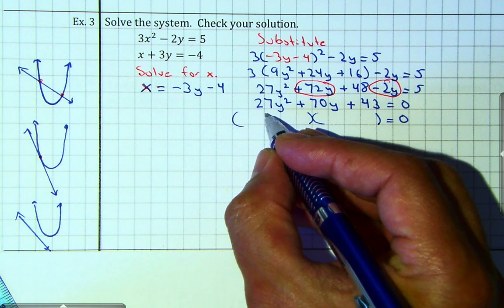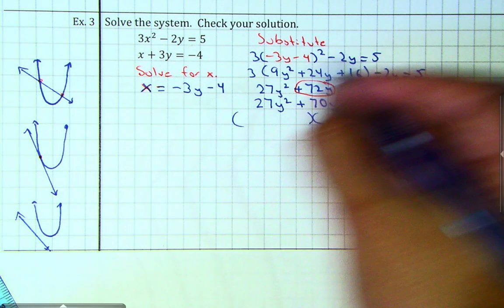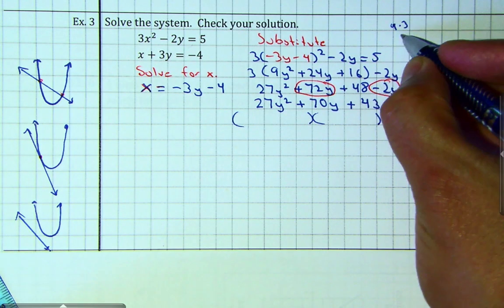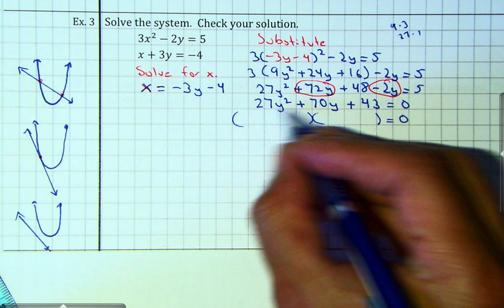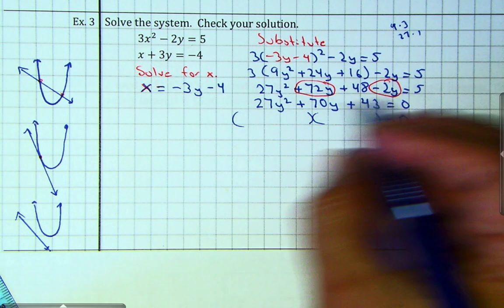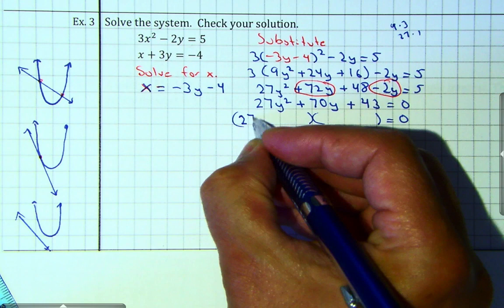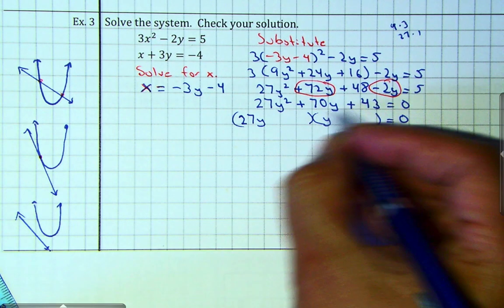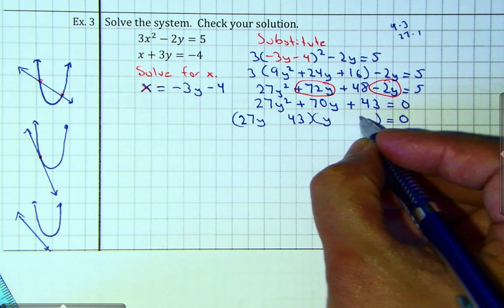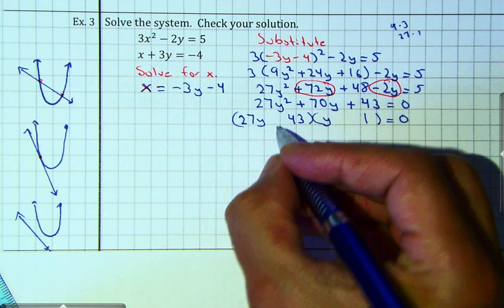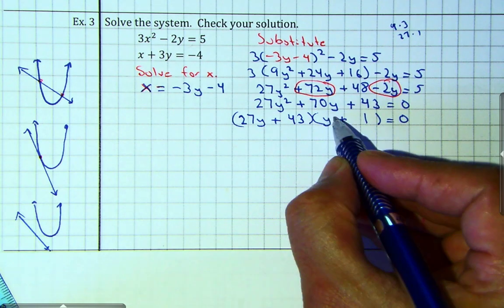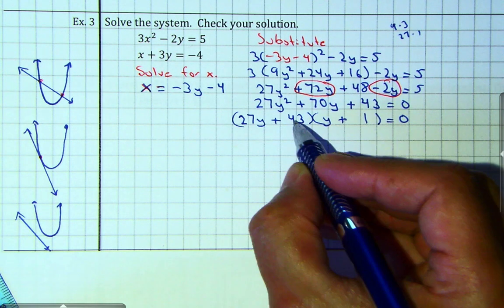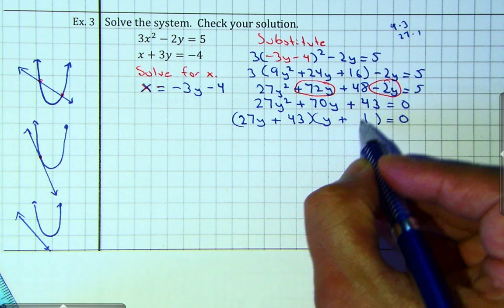Factors of 27y squared could be 9 times 3, or 27 times 1, and 43. If you notice, 27 plus 43 is 70. So that should help us out. So it'll be 27y and y. I'm going to place my 43 in here and my 1, and they both should be positives. Do you agree? So 27y squared, 27y, and 43 will be 70y plus 43.